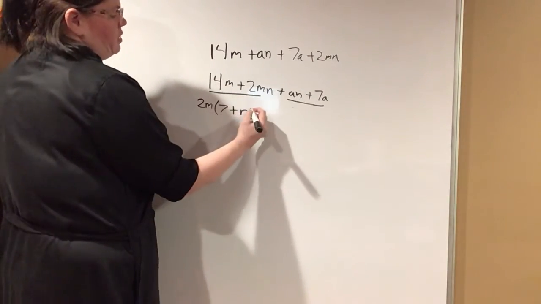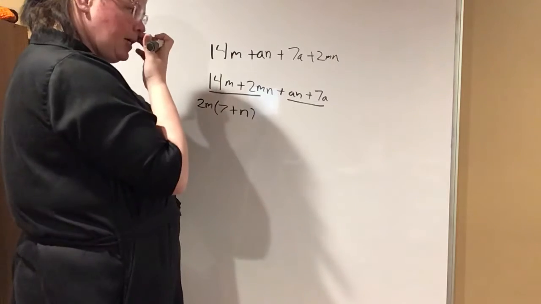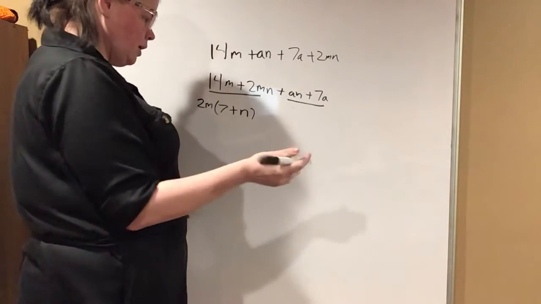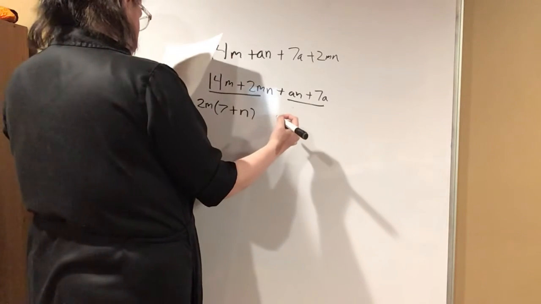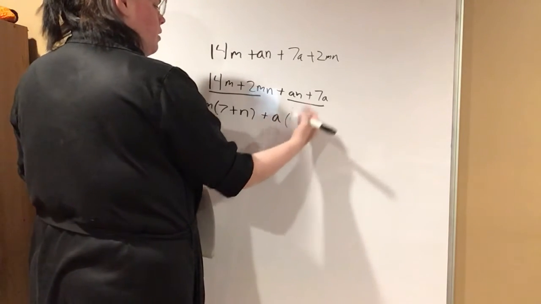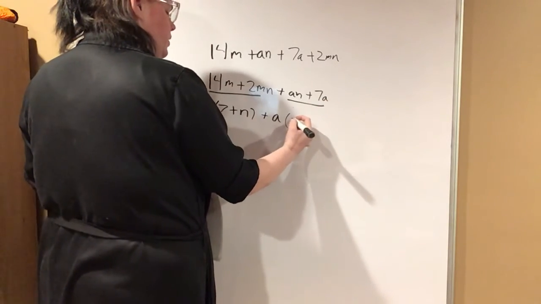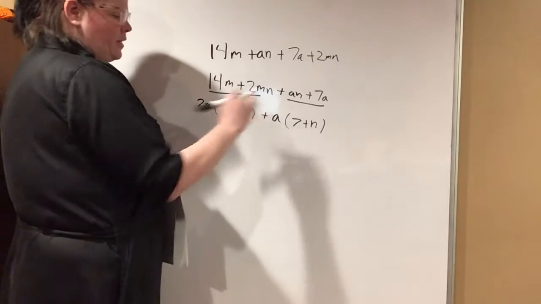Yeah, 7 plus n. So then I look at this guy. What can I take out? Well, I can take out an a, and then I should get the same thing where I'm doing 7 plus n, because I can rearrange it.